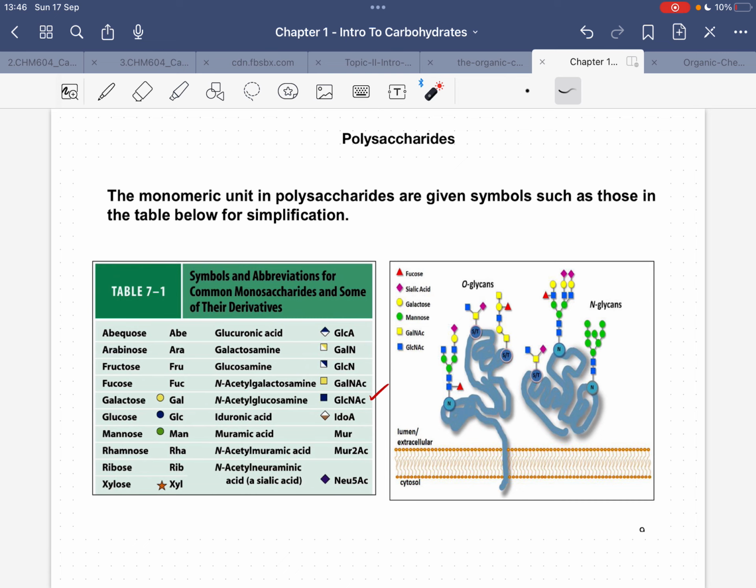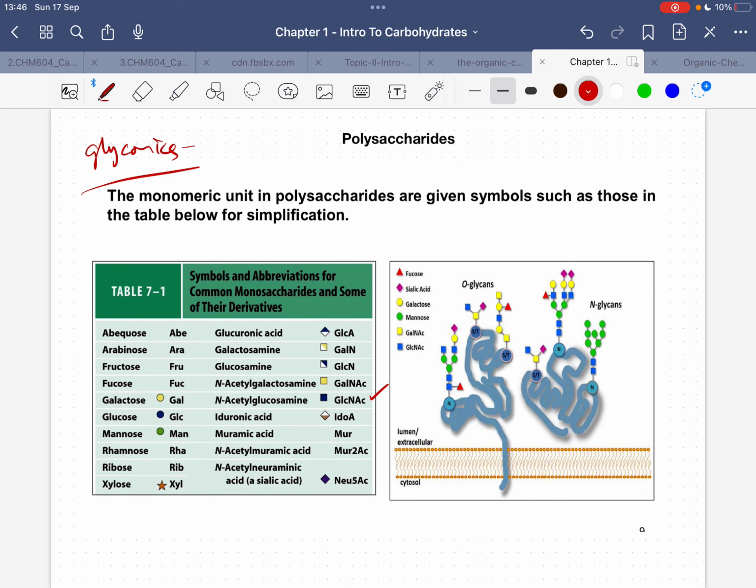Polysaccharides are complex sugars made up of a lot of monomeric units. And in glycomics, which is the study of sugars, the symbols are very important. There are types of monomers or monosaccharides that are given a symbol by convention.